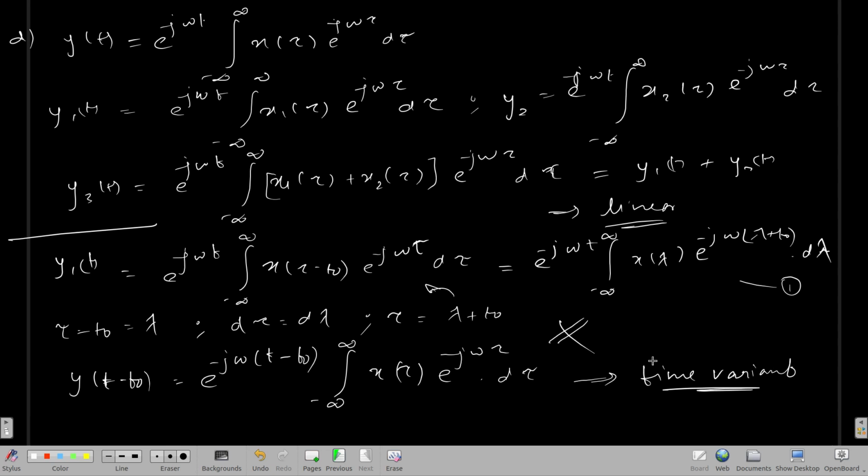Okay, so this is how you check for linearity and time variance of different systems. There might come a question like: check if the system is an LTI system or not, that is, whether the system is linear, time invariant, right?